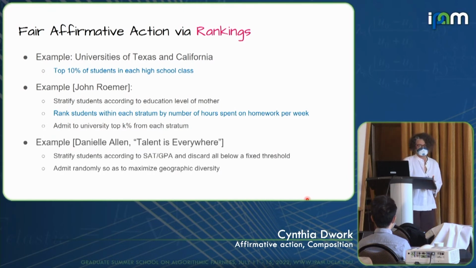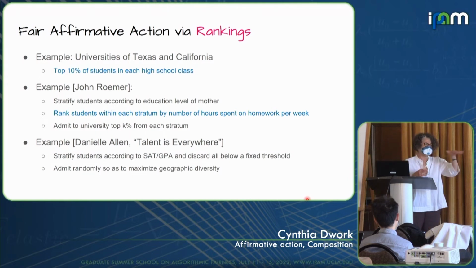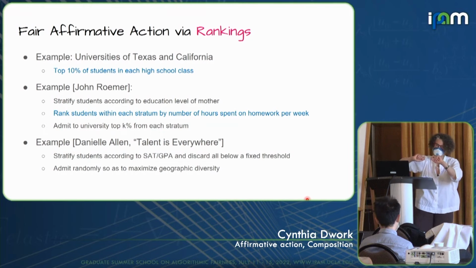A related example is from Danielle Allen at Harvard, and described in a paper called Talent is Everywhere. And her idea was to stratify students according to their SAT scores or grade point averages or some other measure. And the only point of this is we're going to get not super elite, but very good students. I pleaded with her to randomize around the threshold.